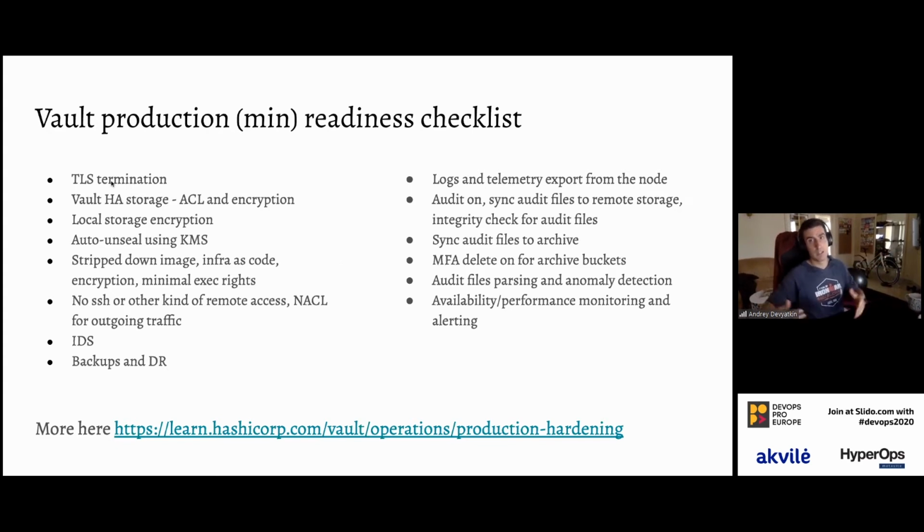When you are running on a virtual machine in AWS and you terminate SSL on your load balancer, then surprise, surprise, all your traffic between the load balancer and the virtual machine, or EC2 instance, goes unencrypted because you stopped SSL traffic there. So you don't want to do that. You actually want to have the TLS certificate on your virtual machine instead, and then the load balancer just passes traffic through to the virtual machine, and then Vault terminates the TLS connection for you.